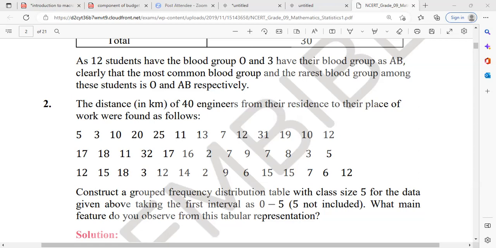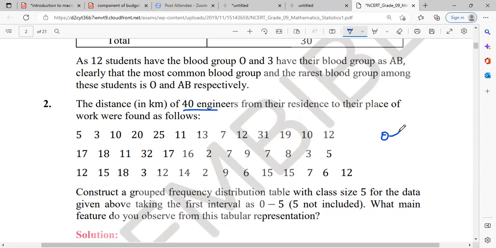Ma'am, I'm having doubts in this question. Okay, what are they asking? See, they have given everything. The numbers are given. In total, you have 40 engineers. They are asking you to construct a group frequency distribution, and you have to start from here, 0 to 5, right?